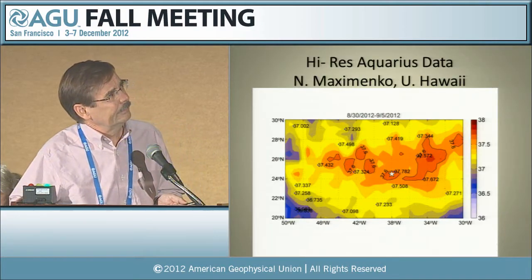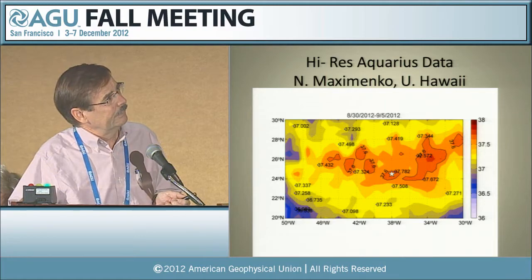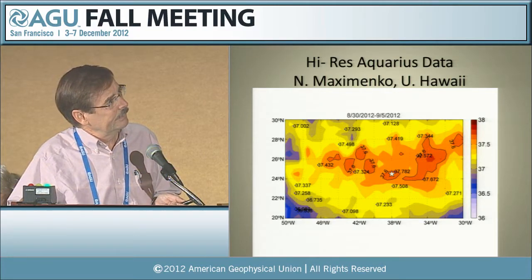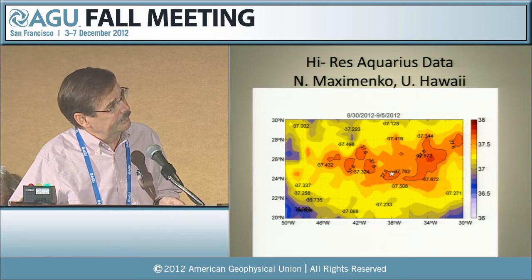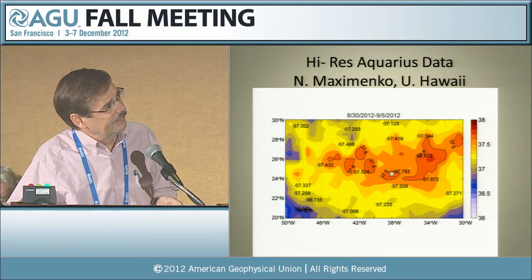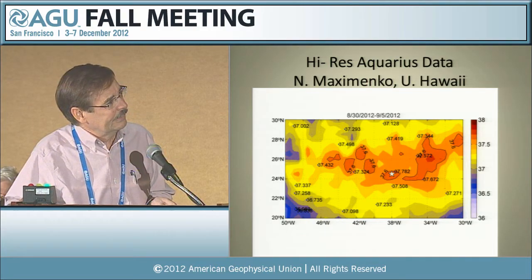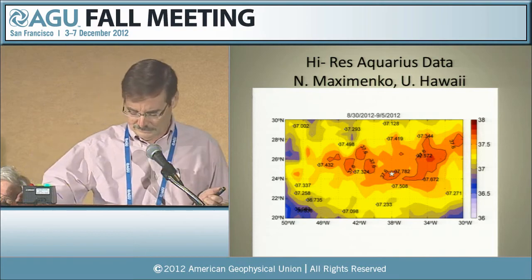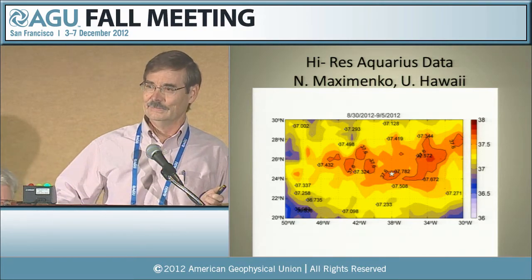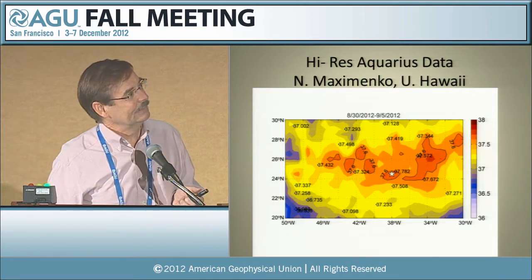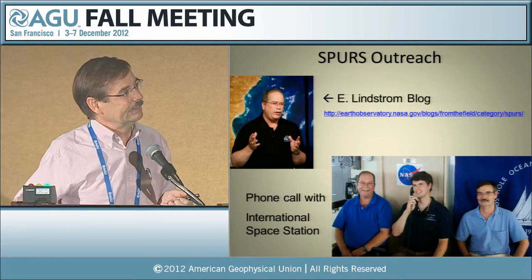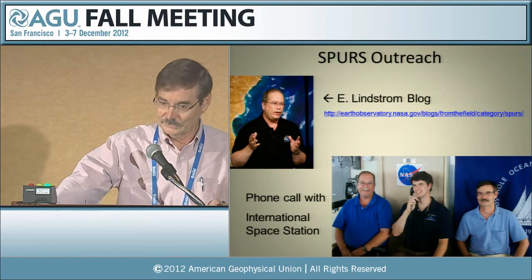We were also getting some high-resolution Aquarius data from Nikolai Maximenko at University of Hawaii, and this was actually produced as we just started the cruise, and it was showing a 37.8 salinity in our target area, and I frankly didn't believe it. I had always thought that the salinity maximum in the Atlantic was 37.3, but then we got out there and found that it was in fact 37.8.